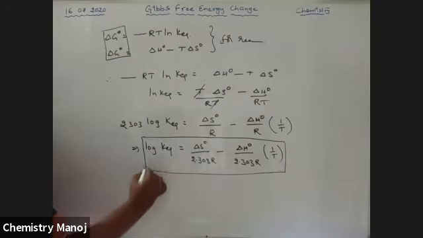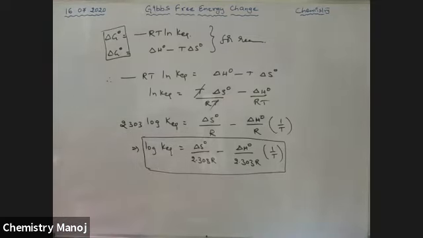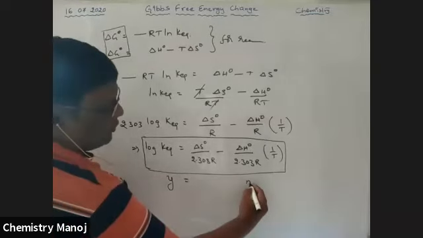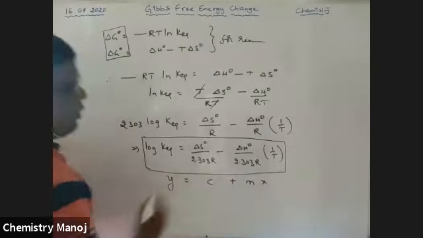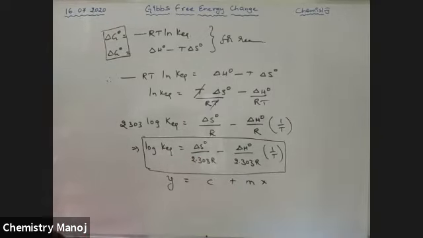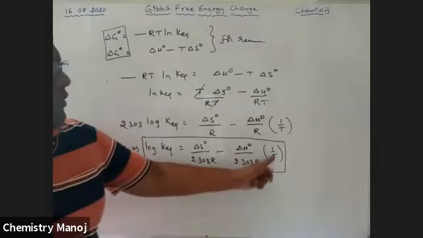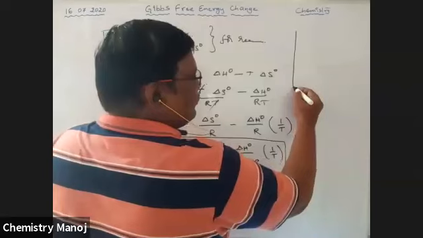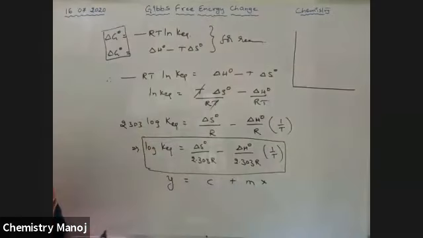There is one problem today on this formula. It is in the form of y is equal to mx plus c format. If you draw a graph between log equilibrium constant versus 1 by T, see here, I am trying to draw a graph.